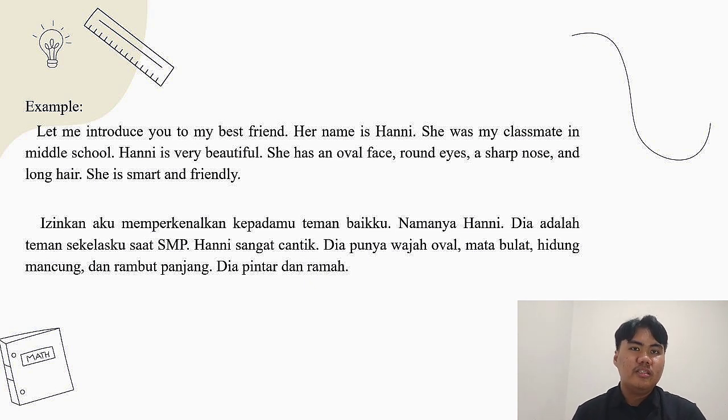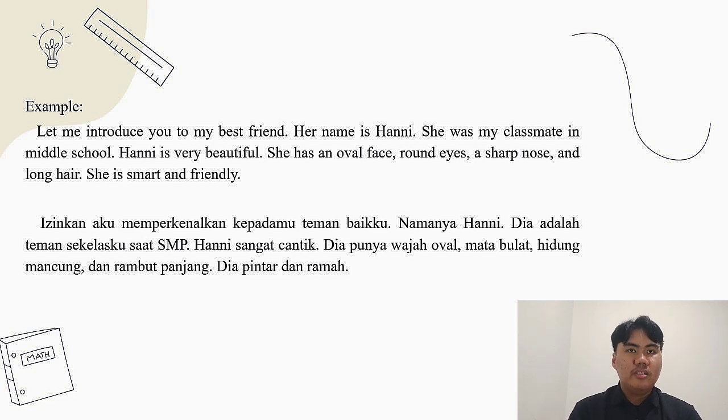While the text describes Hani, the identification part is found in the first, second, and third sentence. From this part, we can know that Hani is a good friend of the writer. Hani was in the same class as the writer in junior high school.